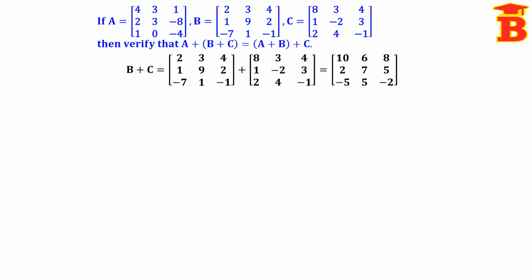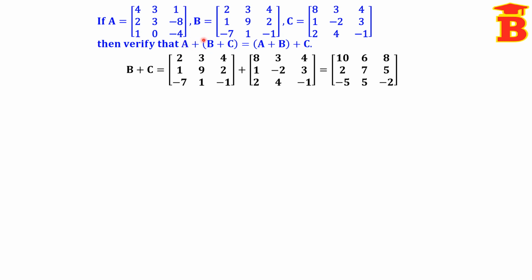Next we add the third row numbers: minus 7 plus 2, minus 5. 1 plus 4, 5. Minus 1 minus 1, minus 2. So this is B plus C.